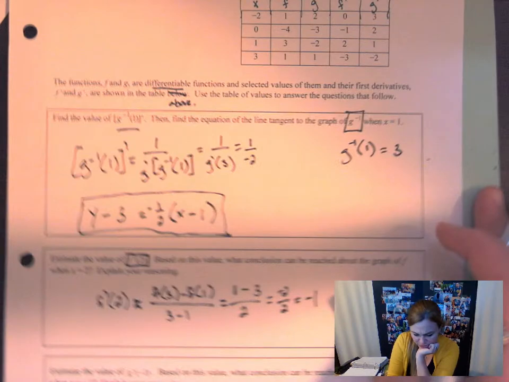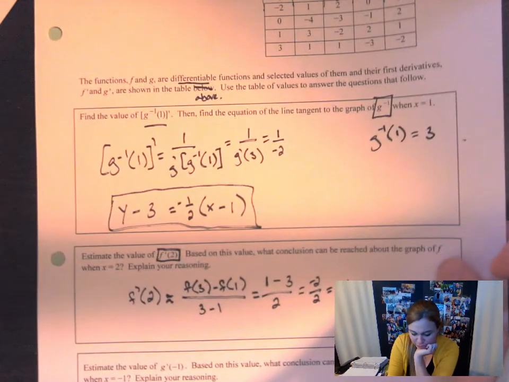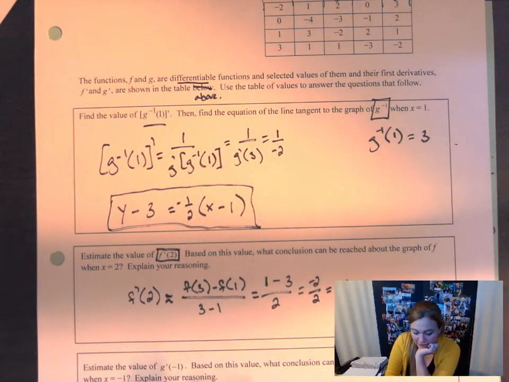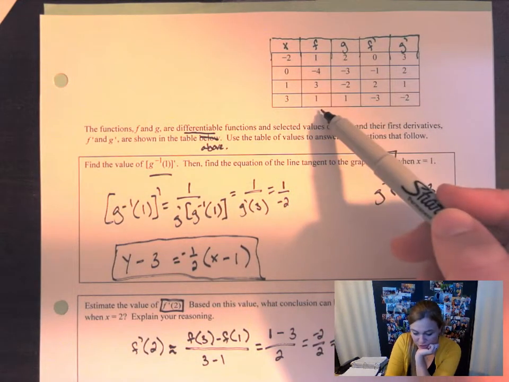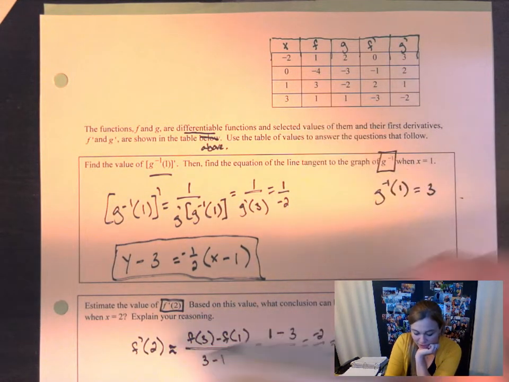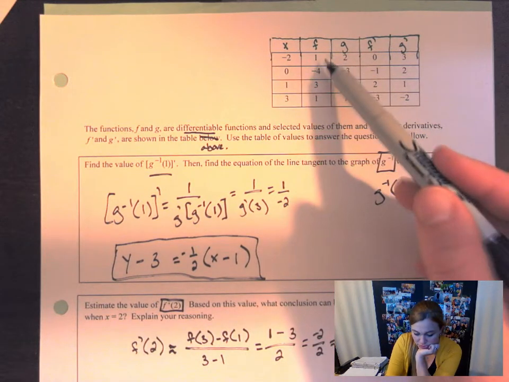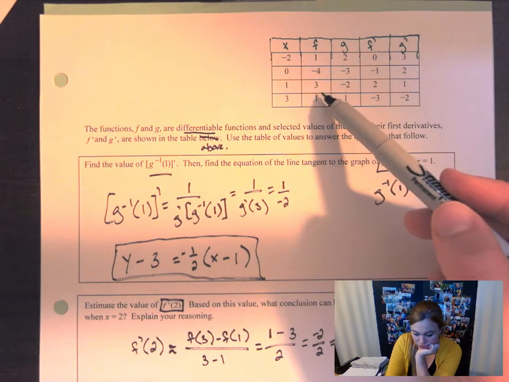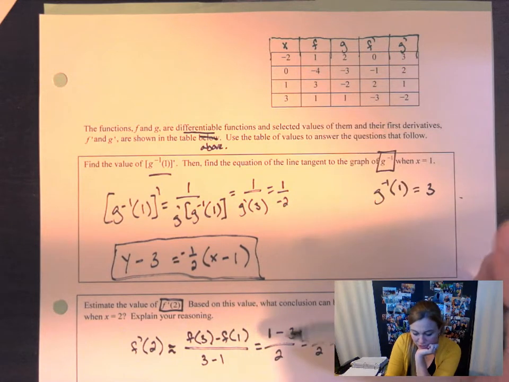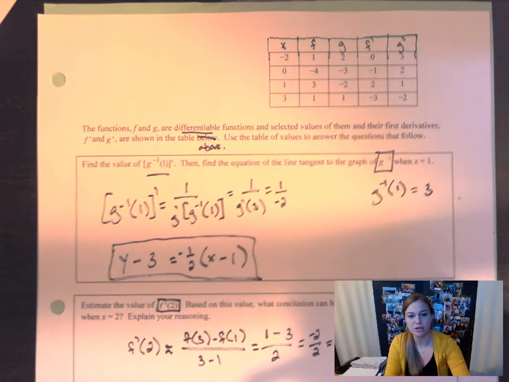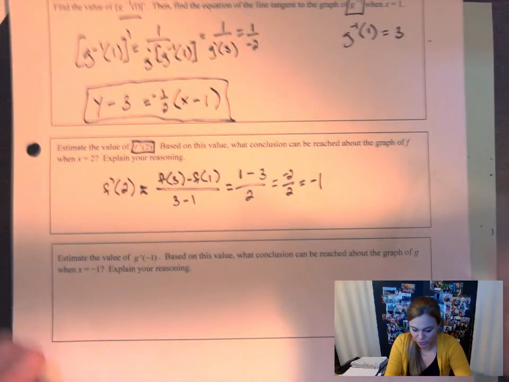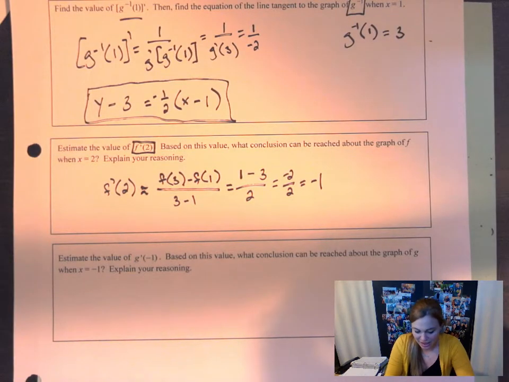Okay, so if this is f prime of 2, I just want to make sure that I'm right. So I said f of 3 is 1. F of 1 was 3. I've got 1 minus 3, -2 over 2. Yeah, I'm good.